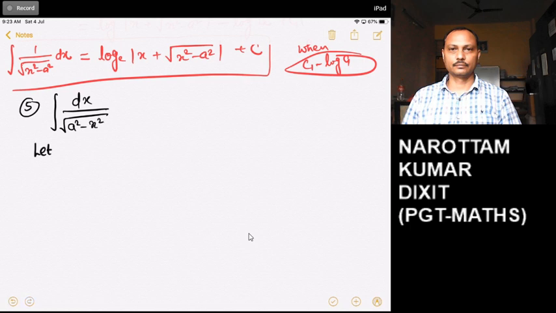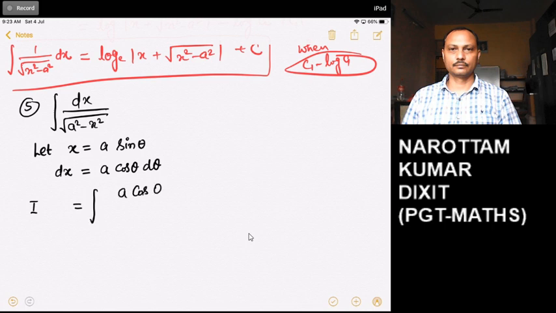So let us substitute this value. Let x equal a sin theta. Then the derivative is dx, here it is a cos theta d theta. Substitute these values. Then it will be a cos theta d theta divided by under root a square minus a square sin square theta.